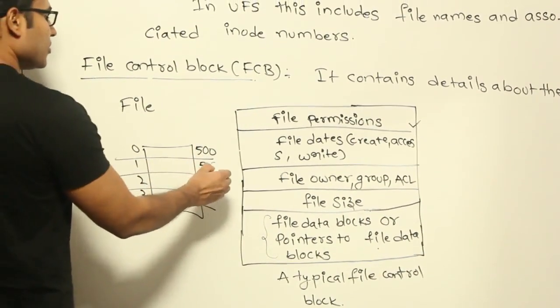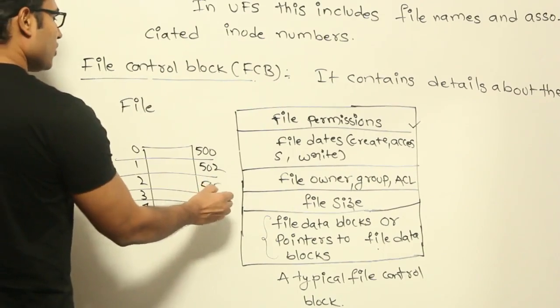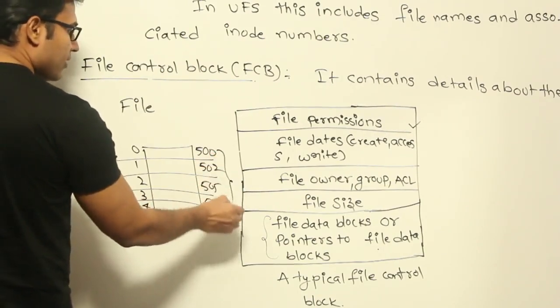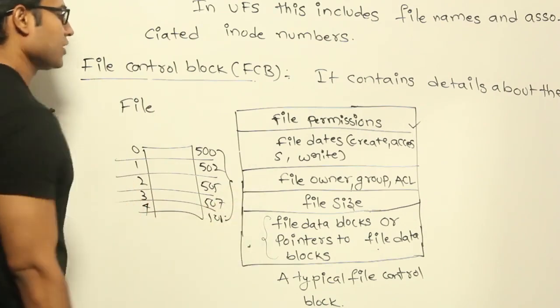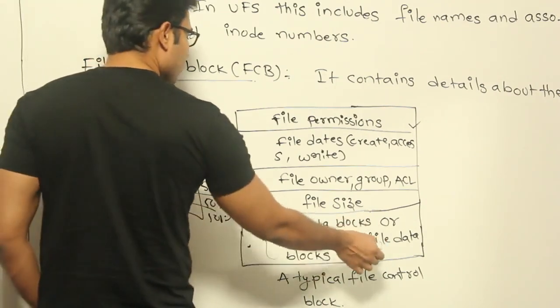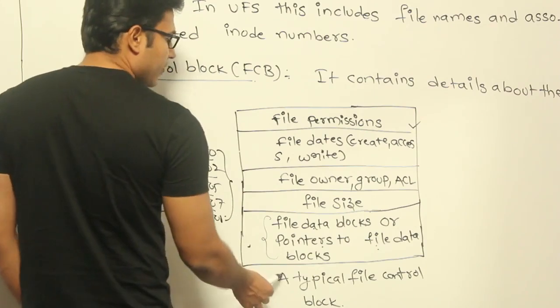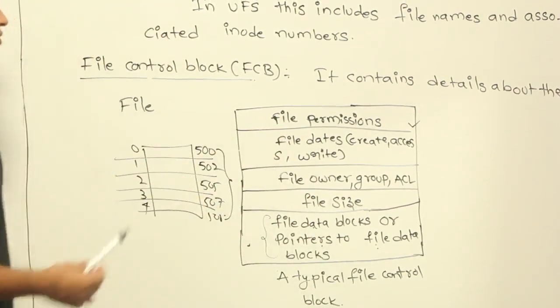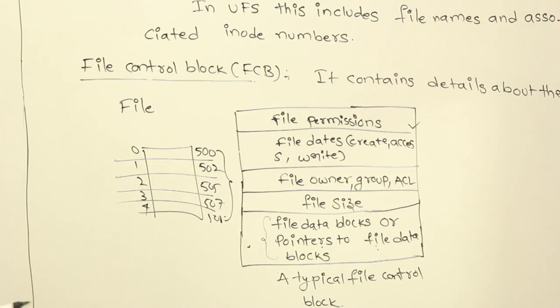Similarly, this may be mapped to 502, 505, something like this. Then the entire mapping has to be present in this structure. See this, file data blocks or pointers to file data blocks. Now, this is how a typical file control block will look. Okay, fine.